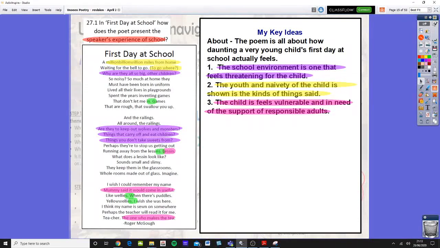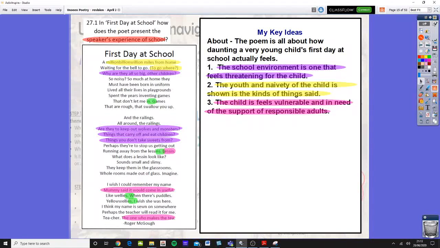But then we go back to the naivety of misunderstanding the word and thinks the teacher is somebody who makes the tea. But again, this idea of a vulnerable child who needs lots of support. So lots of examples in there of the way this poet, Roger McGough, has presented the character of this child and how very young they are.